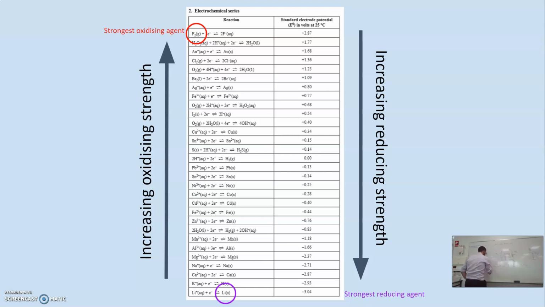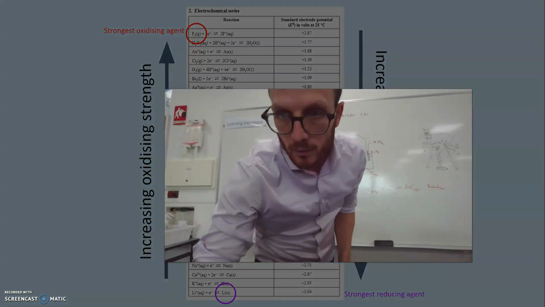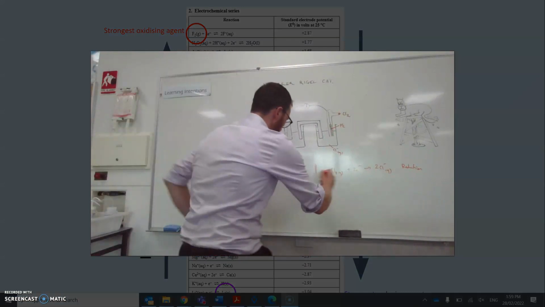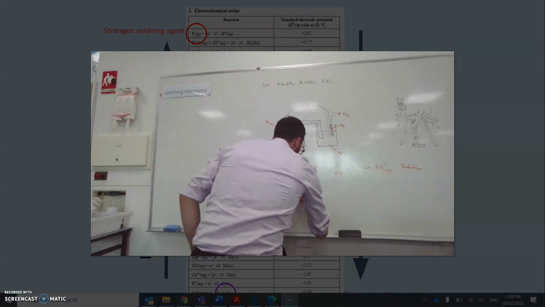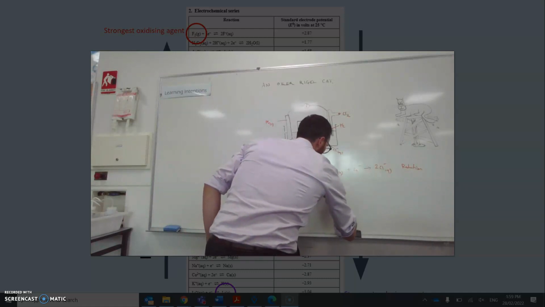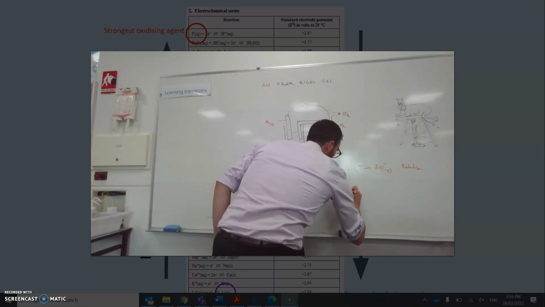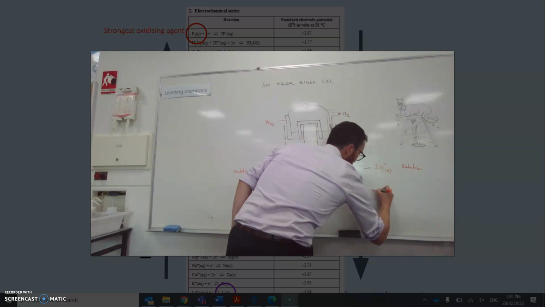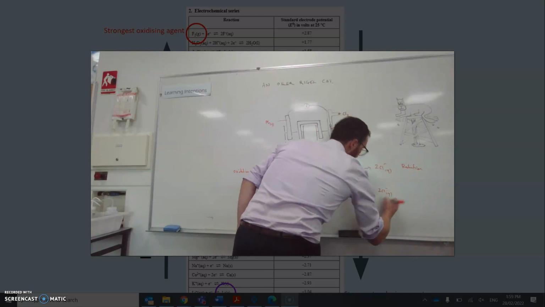So this is our oxidation reaction. This is our reduction reaction. So oxidation, reduction, I can do my overall by adding the two together. Gives me lead solid plus chlorine gas. Gives me Pb 2+ aqueous plus 2 Cl minus aqueous.